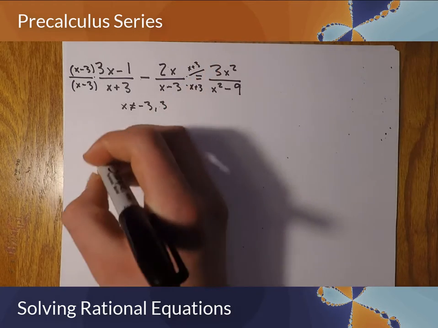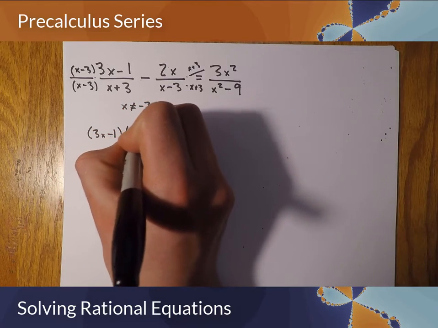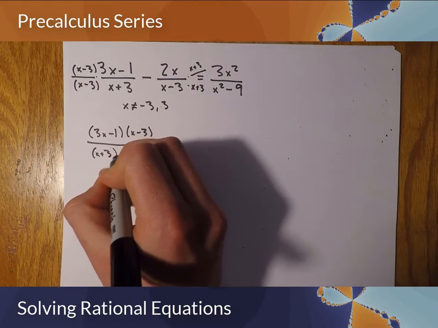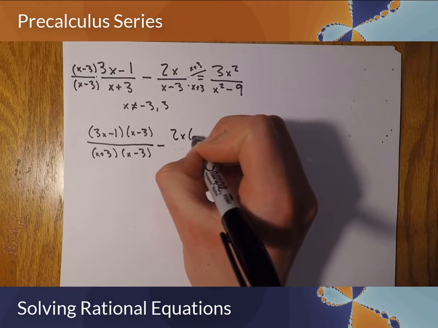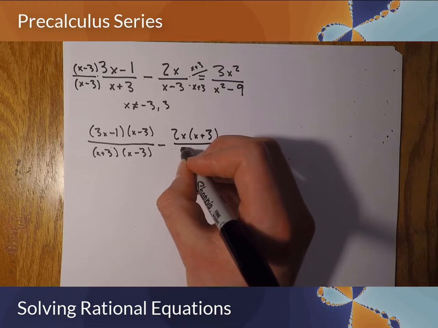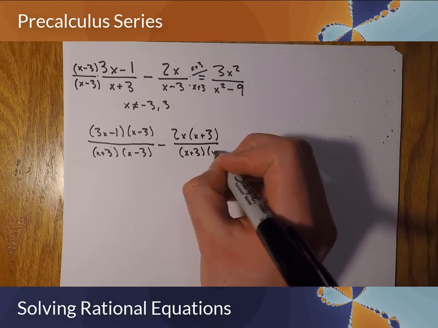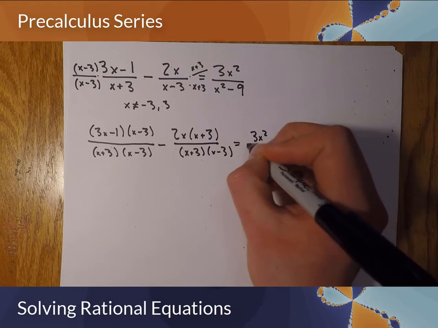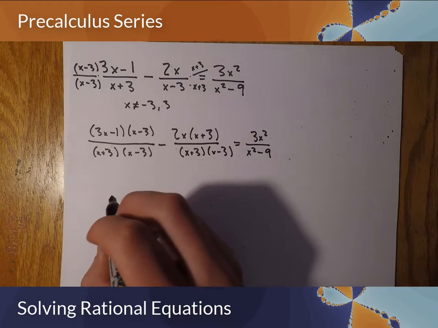And so we end up with 3x minus 1 times x minus 3, minus 2x times x plus 3, over x plus 3 times x minus 3, equals 3x squared over x squared minus 9.